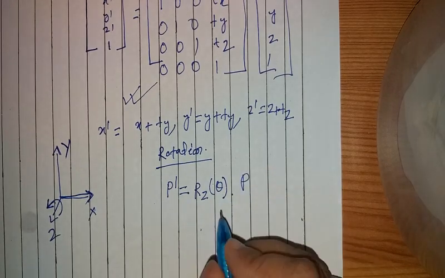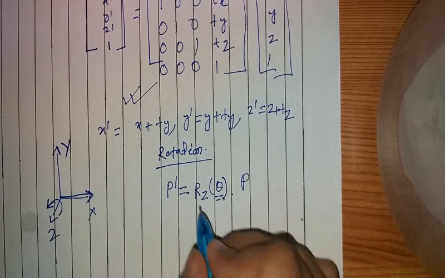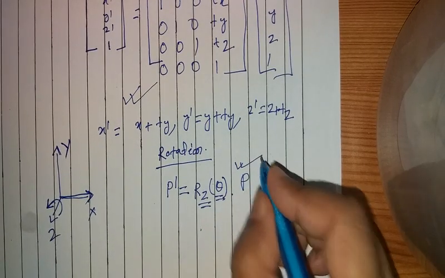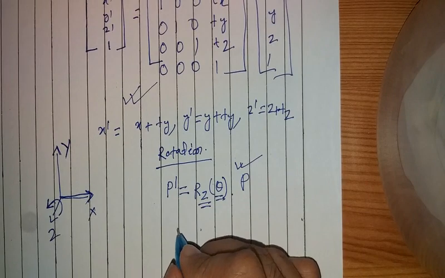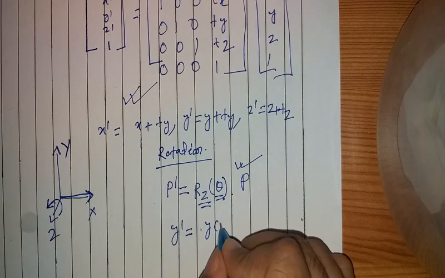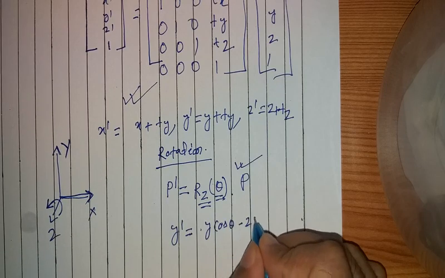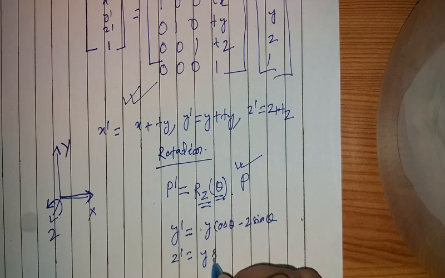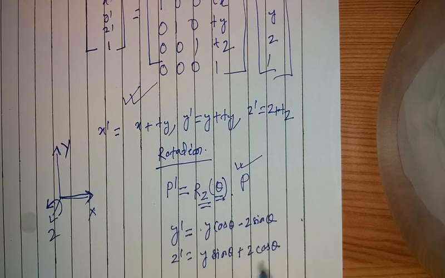The angle of rotation will be theta. So this is the rotation of this point, and this will be the equation: y dash is y cos theta minus z sin theta, and z dash will be y sin theta plus z cos theta, and x dash will be x.